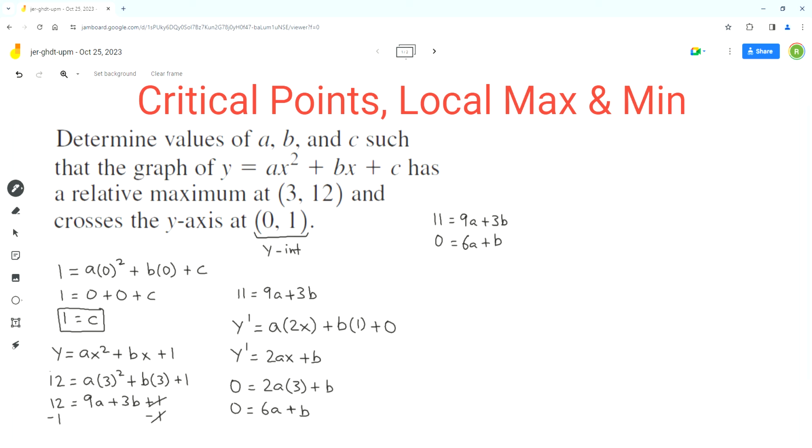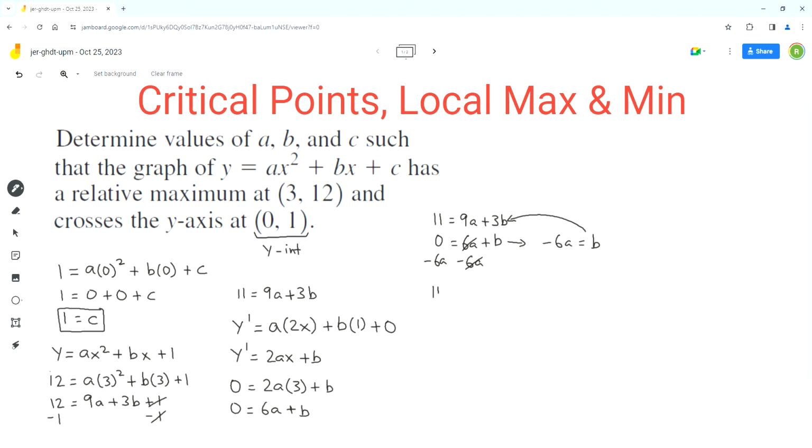For that we can isolate b from the second equation. We can do that by subtracting 6a from both sides. So the 6a's on the right side will cancel each other out, and 0 minus 6a is negative 6a equals b.